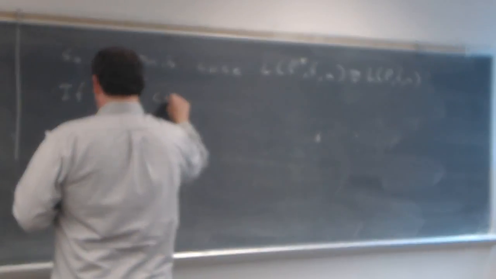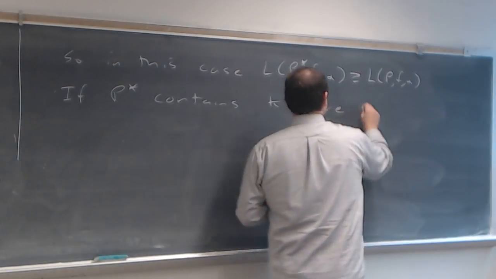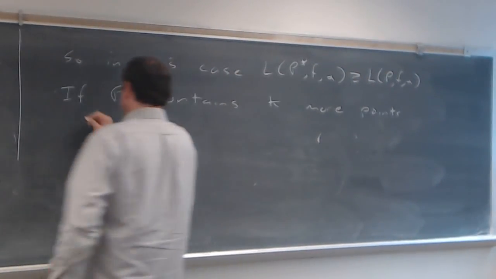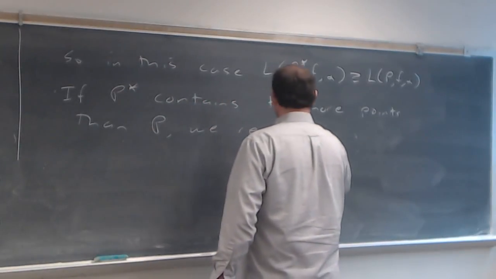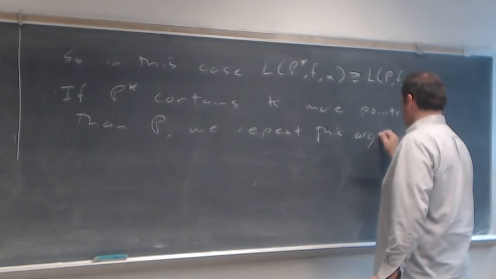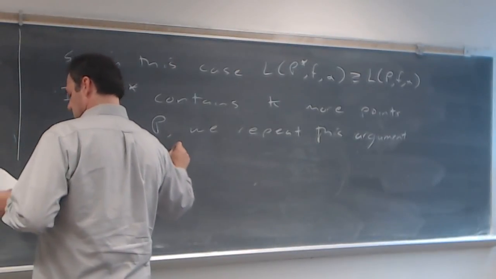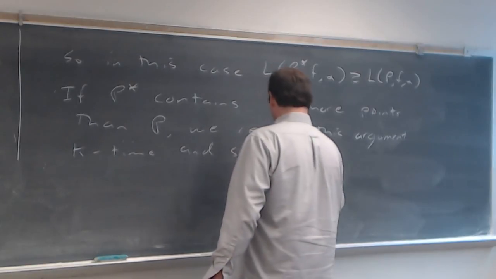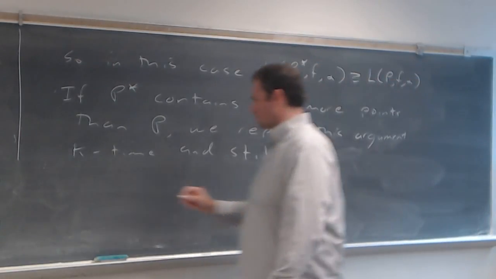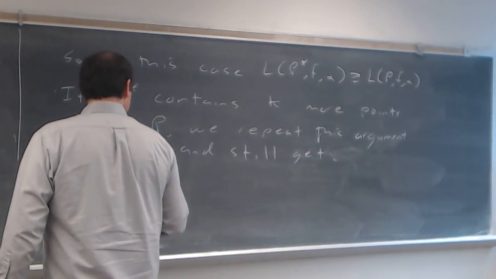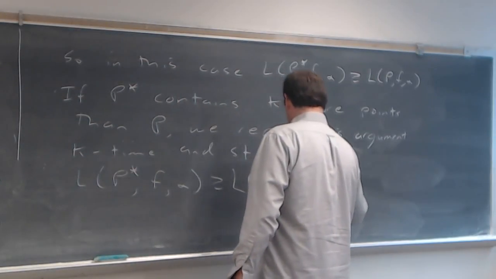If P star contains K more points than P, we repeat this argument K times, and still we get that the lower sum with the P star partition, the refinement, is bigger than or equal to the lower sum without the refinement.